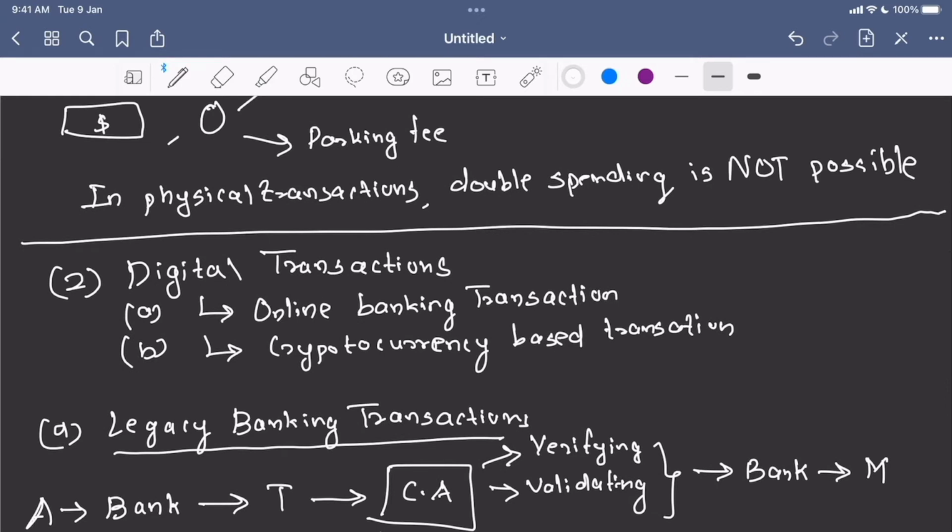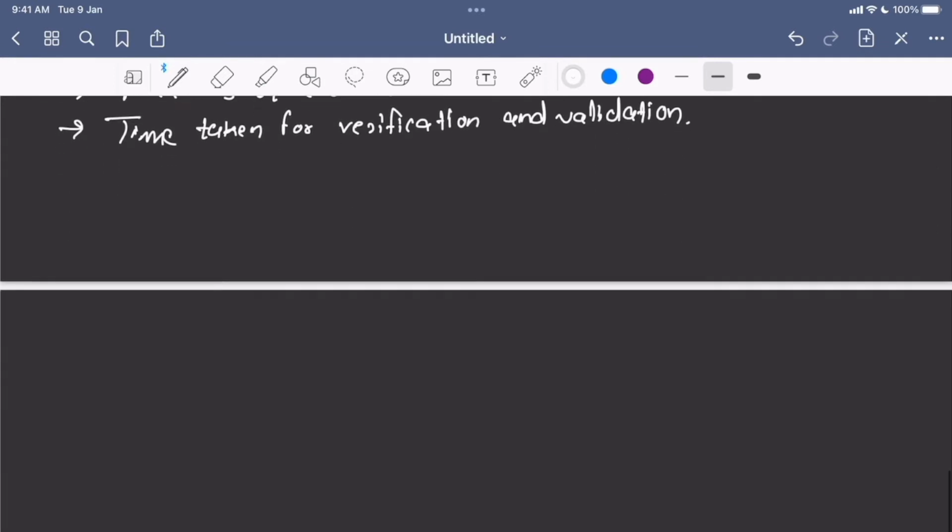Online banking transactions have central authorities, and cryptocurrency based transactions are decentralized. So let's see what happens in that. Decentralized blockchain based transactions.